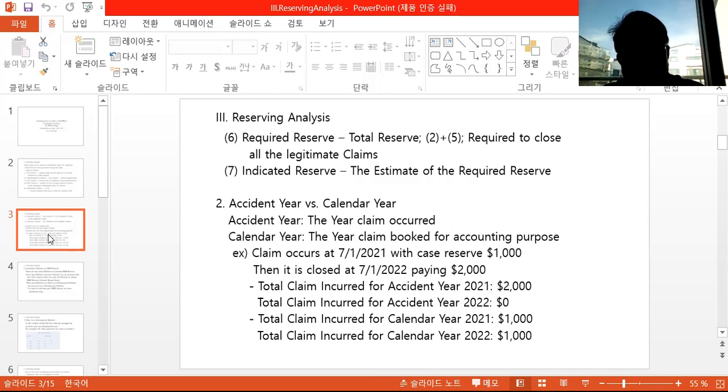So obviously, because of these differences, the calendar year basis does not match the premium the insurance company received, because they only received premium for the year 2021. So there's going to be a mismatch between premium earned and claim incurred on the calendar year basis.